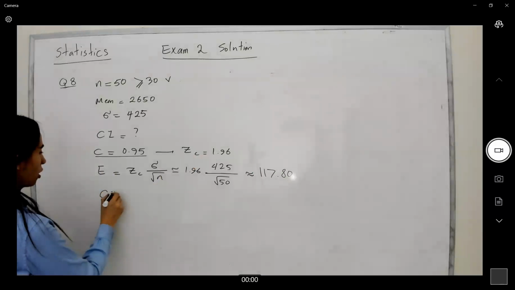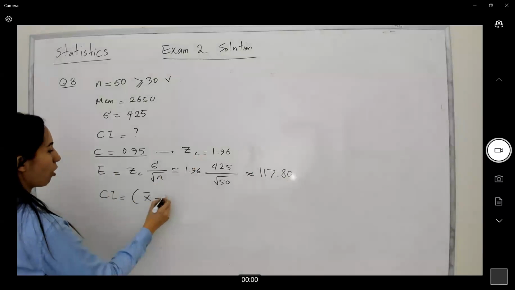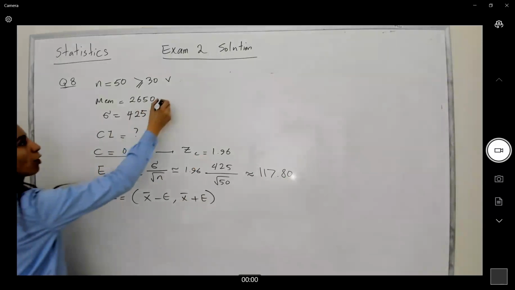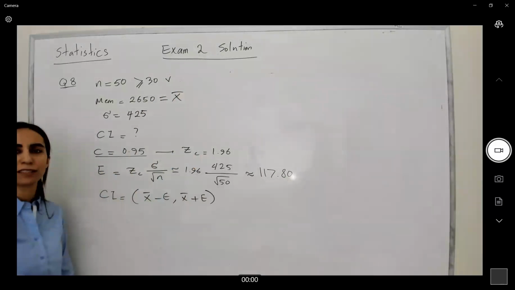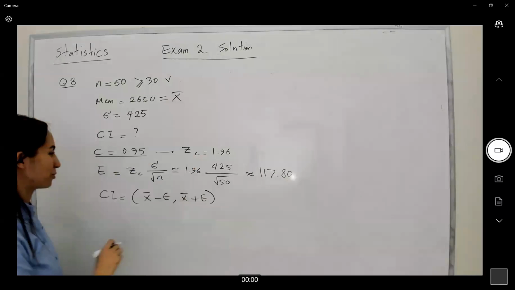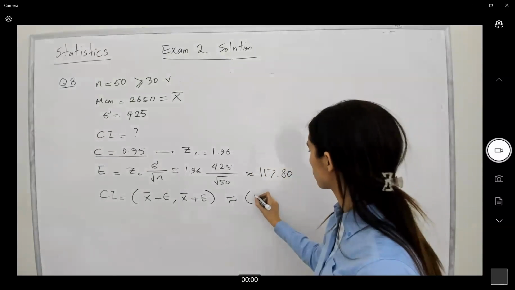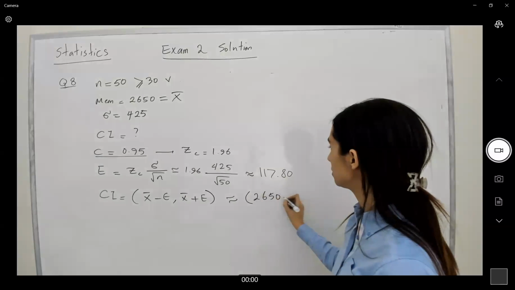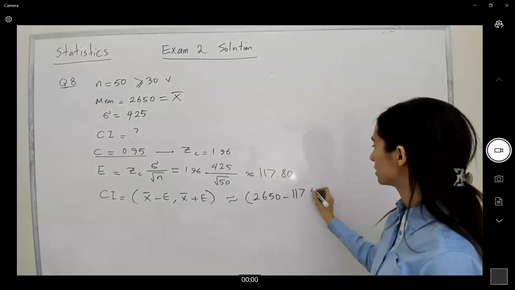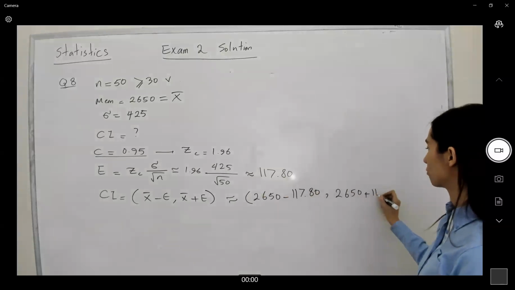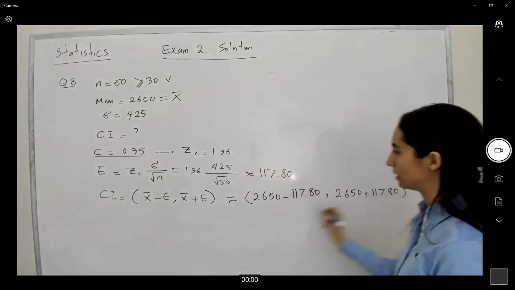Now, to find the confidence interval, it is x bar minus E and x bar plus E. What is x bar? X bar, or point estimate, is the mean of your sample. So approximately, it is 2,650 minus 117.80 and 2,650 plus 117.80.